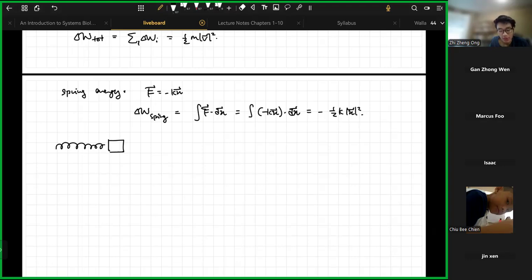When you stretch the spring to some displacement x, you are losing energy because, as an external observer, you're putting your hand in and increasing the displacement. So you are losing energy. So that's why there's a negative there, I think.